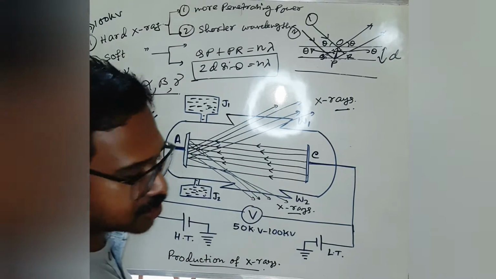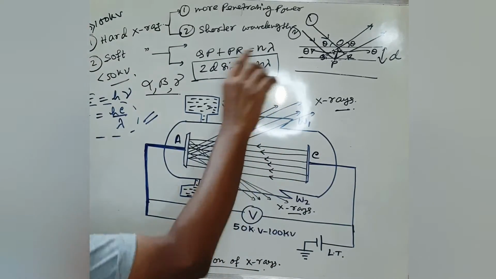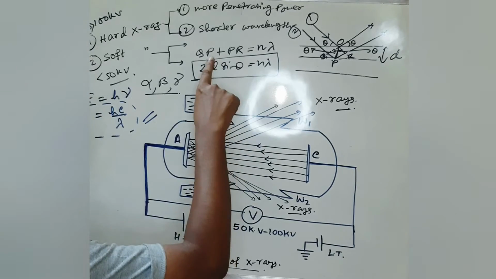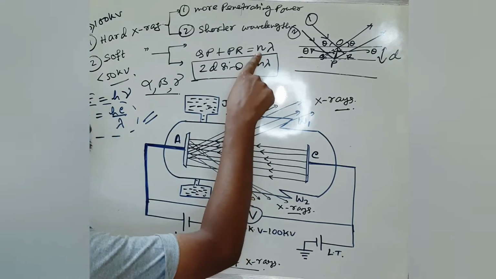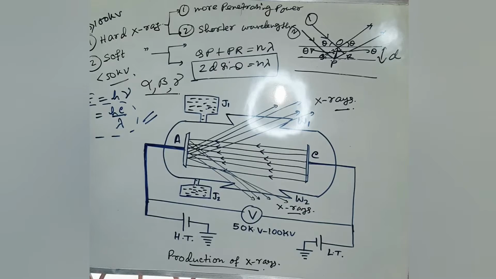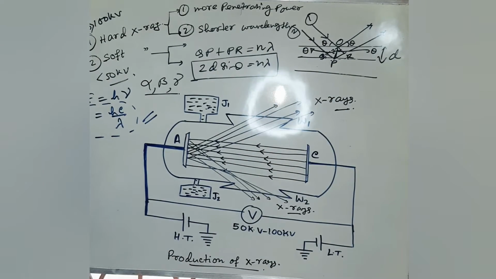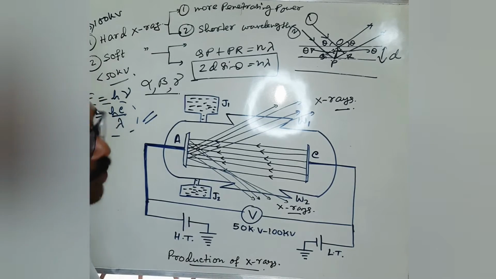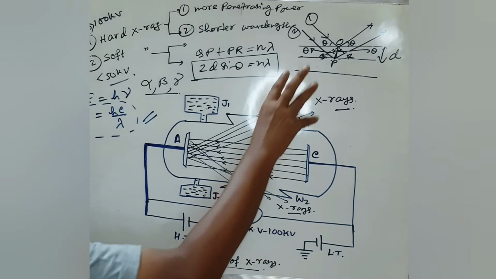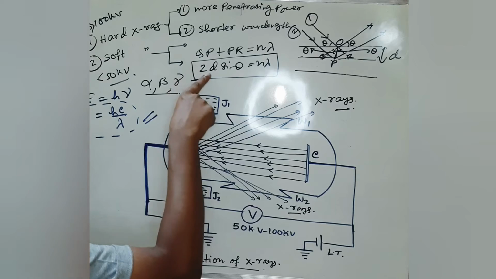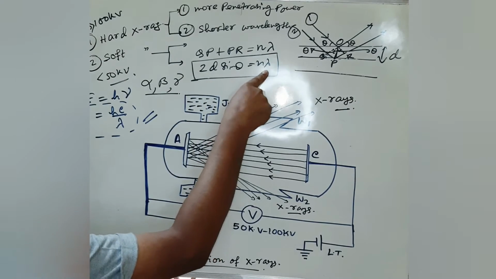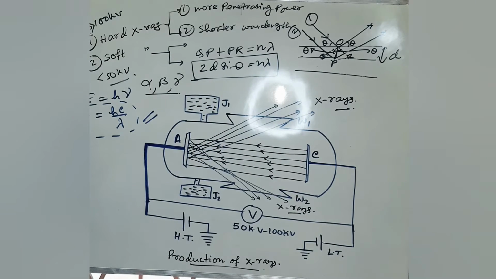We have a relation between the path difference and wavelength. So path difference equals wavelength multiplied by n. We have the phase in the other part, that is in wave optics; we will know about that. Here only the application of Bragg's law: path difference is an integer multiple of the wavelength, that is, the rays are in the same phase.